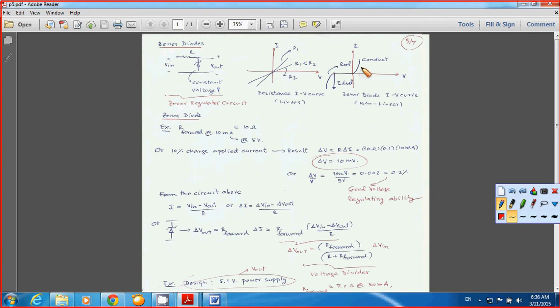It changes with the input voltage applied to the Zener diode. That's why I wrote out this R forward at 10 milliamp only, at this certain current level. At 5 volt it becomes 10 ohms.